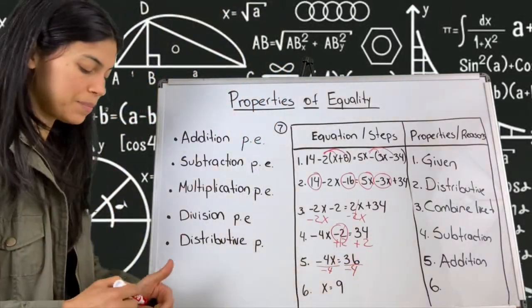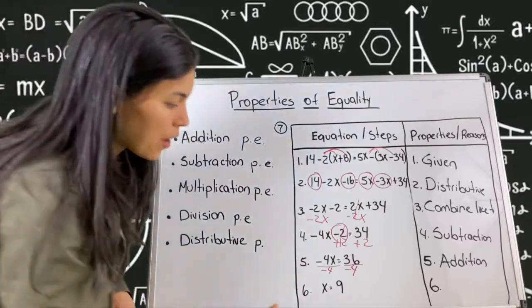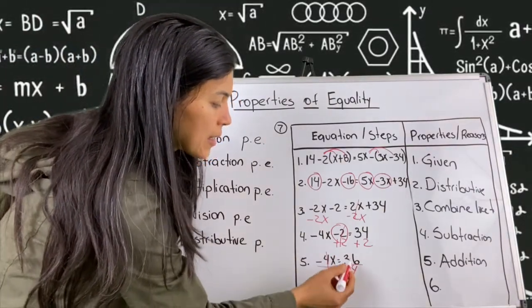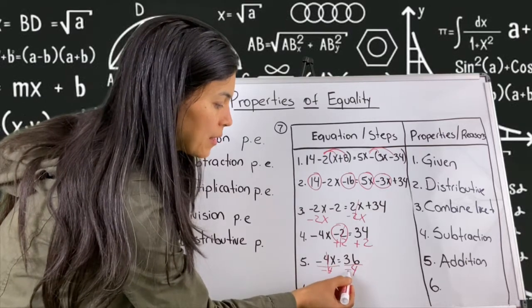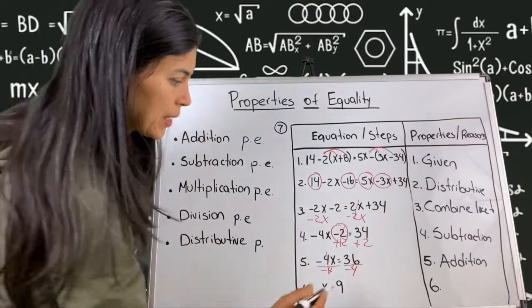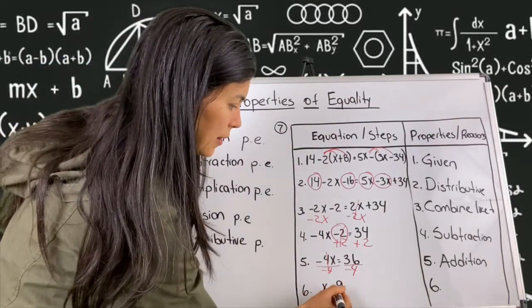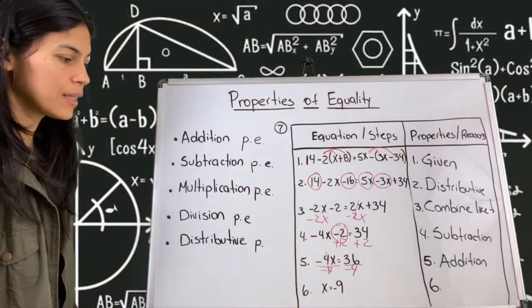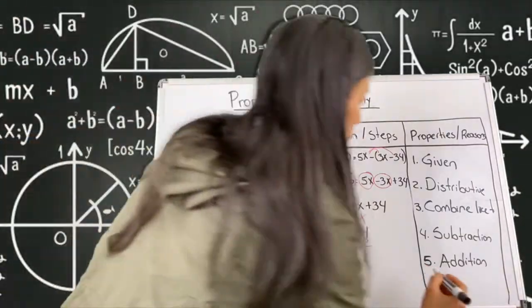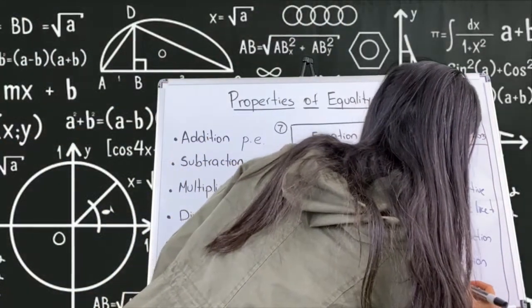Equality. Keep the balance of the equation. That way these 2 cancel each other. We are left with the x, and 36 divided by negative 4. This is negative 9, right? So they did division. They used the division property of equality.